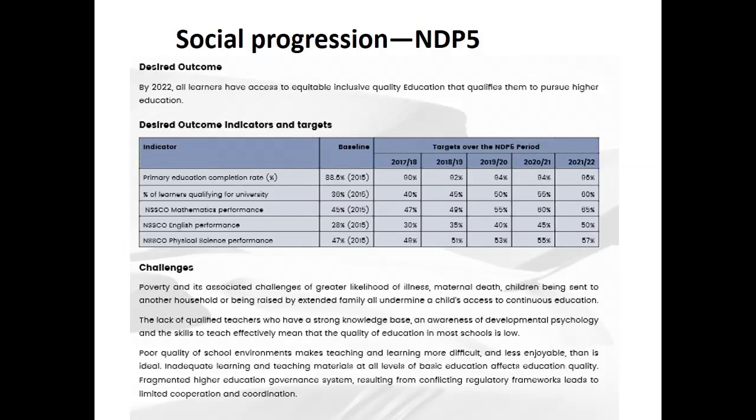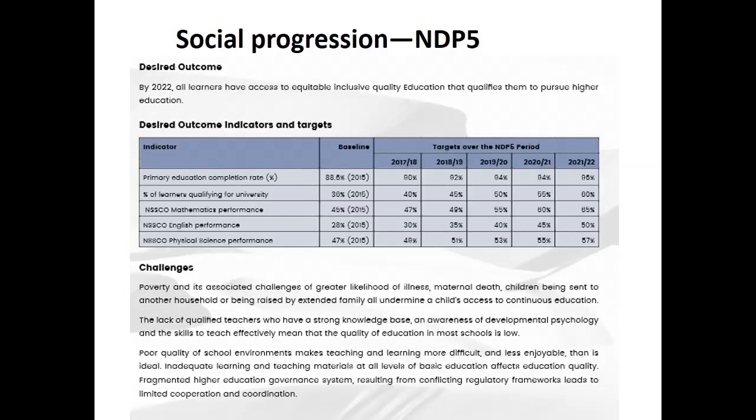Here we are saying it's almost the same challenges. Those were challenges for the whole globe, worldwide challenges, but as you can see, a challenge for Namibia is the same. We are saying poverty and its associated challenges, like illness, maternal health, children being moved to another household and extended family, all undermine the child's access to continuous education.